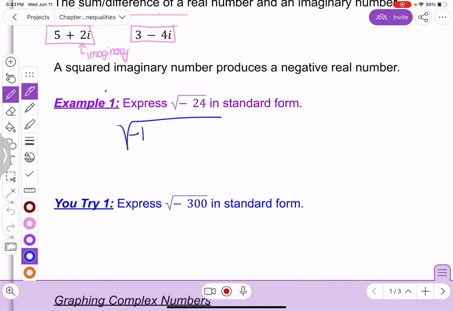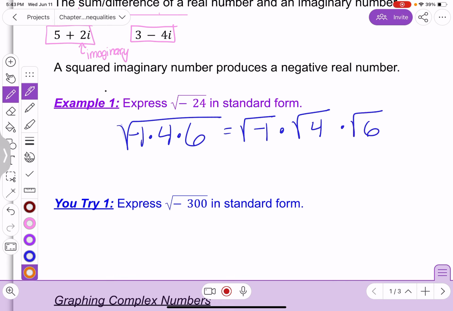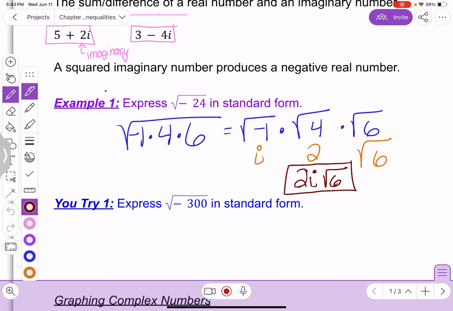So we have -1 times 4 times 6, which we can break into the square root of -1, the square root of 4, the square root of 6. The square root of -1 is i. The square root of 4 is 2. 6 doesn't have a square root. And then we just rewrite it in the proper order. So 2i would be how we would write that the quote-unquote right way. And then the 6 stays inside the square root.